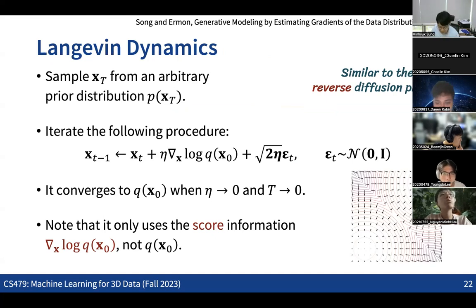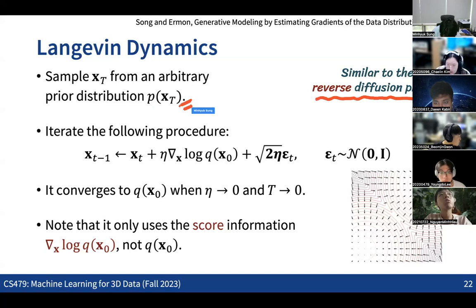You can see that this idea is quite similar to the reverse process that we have been seeing, right? It starts from some prior distribution and moves the samples using the information we have about the original data distribution, with some Gaussian noise that we also add. If you iterate this process multiple times, it converges to the data distribution that we want to learn.